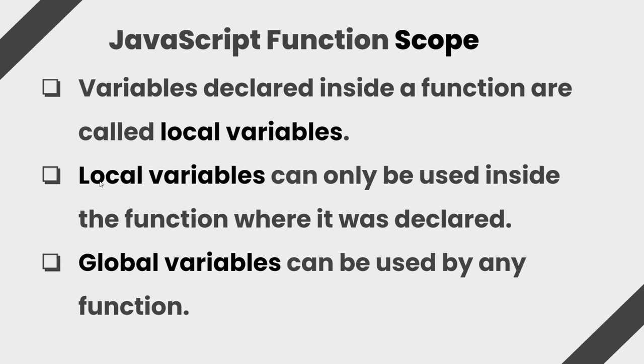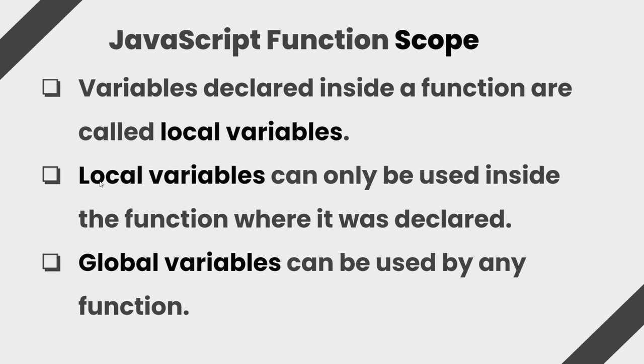So this actually means that when you declare a variable inside a function, they're actually under the local variables and not global variables. So for those who do not know, all variables that we have in JavaScript are basically of two different types. They are either local variables or global variables.